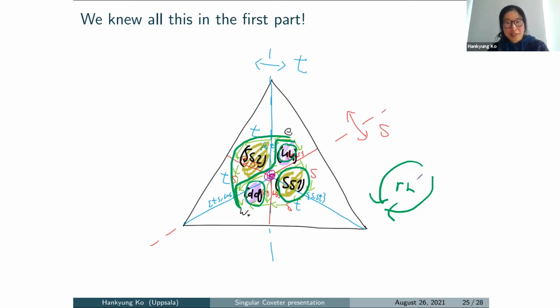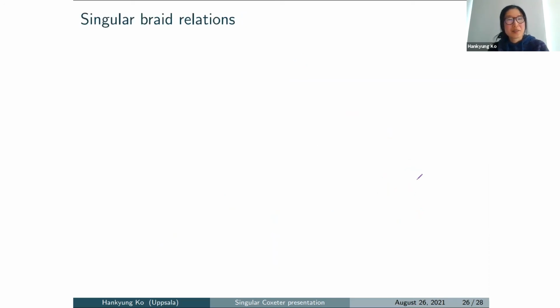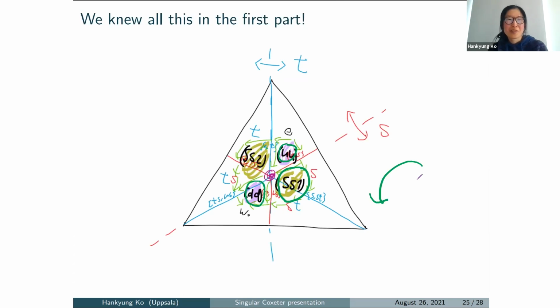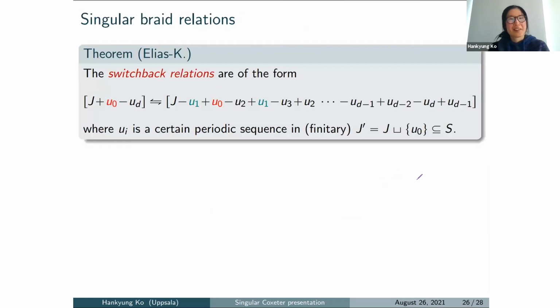And this generalizes actually. All relations that we need to identify reduced expressions come from something similar to this. So we classify these relations and call them the switchback relations.